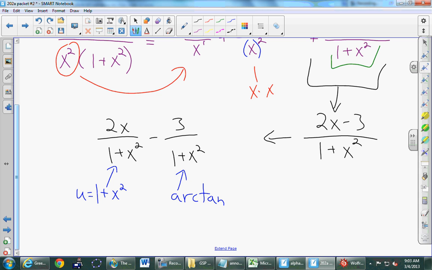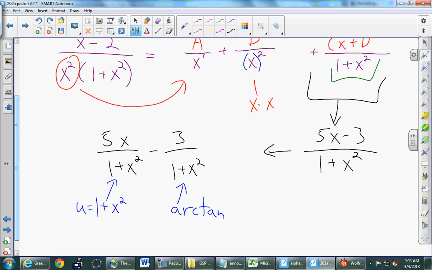What's the derivative? 2x, perfect, it's upstairs. Now I just made it up, it's probably not 2. So what if it were 5? Can you handle it? The derivative is 2x. You have 5x. Is that okay? Yeah. Just going to multiply by some constant. So it doesn't matter what the Cx plus D turns into. You can split it up and have a u sub and an arctan.